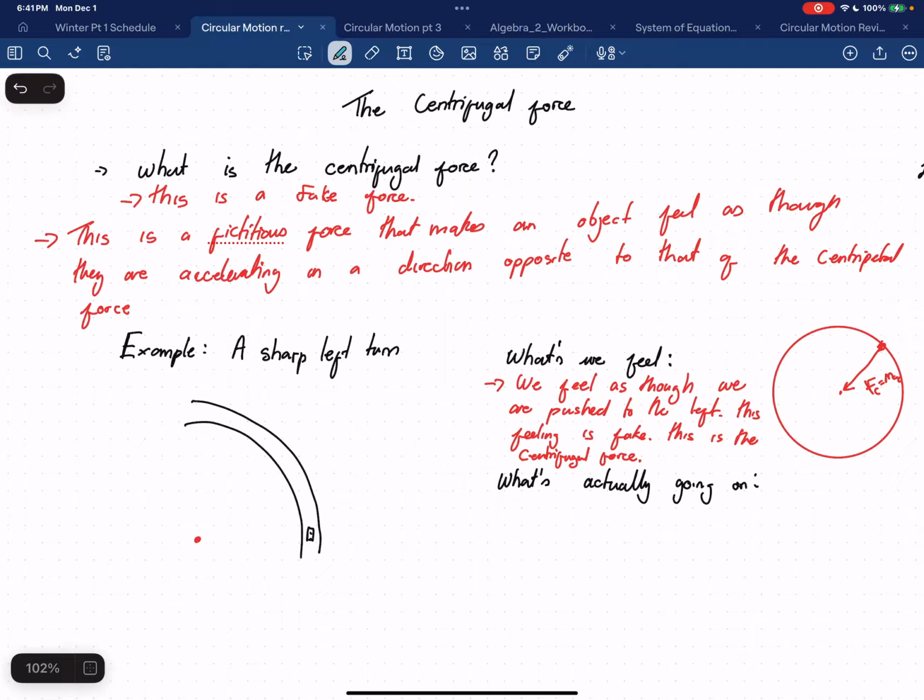So what's actually going on? When my car is driving, just imagine this is moving forward.